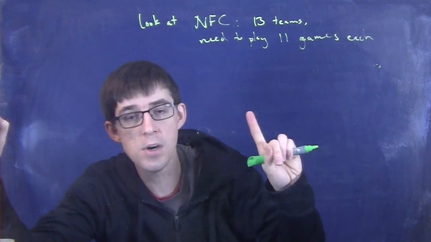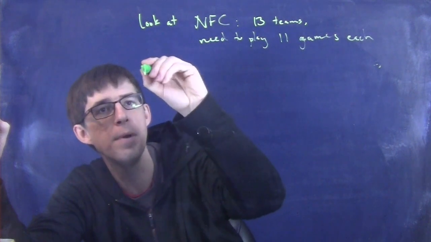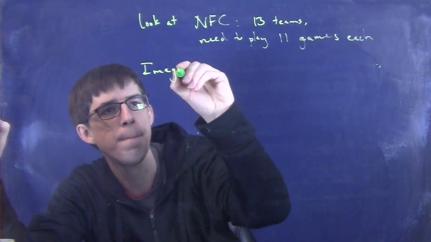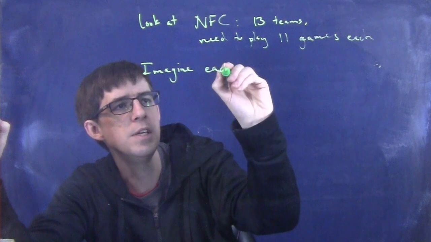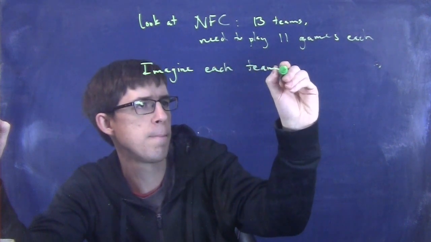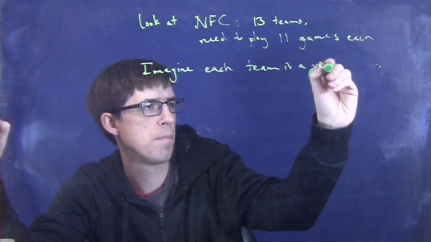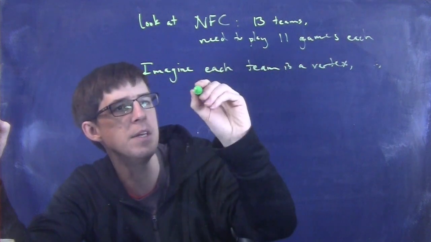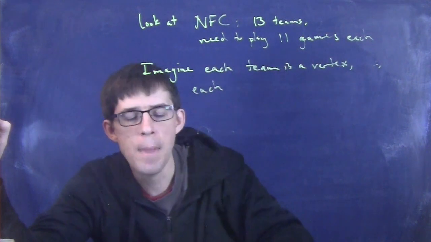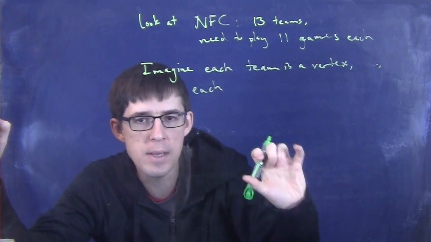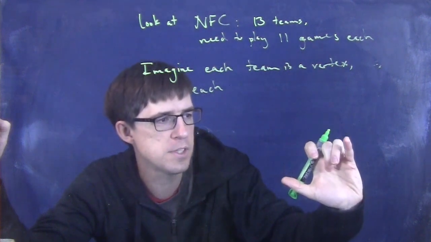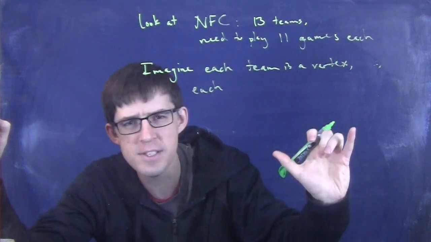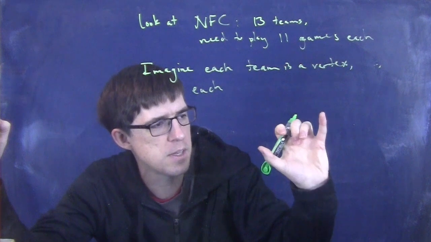I would like to consider a graph. So think of a graph. Imagine a graph. And each team is a vertex, and each edge represents a game, right? So if you have the Patriots and the Bears, are they in the same conference? I don't know, but let's say they are.